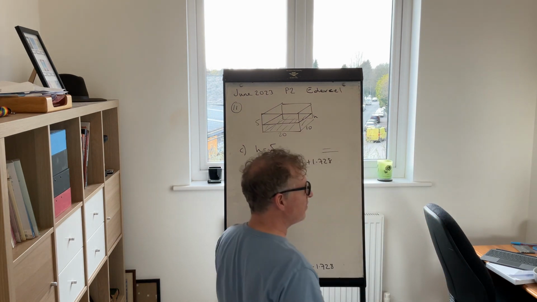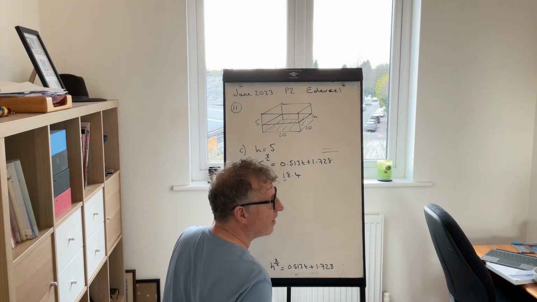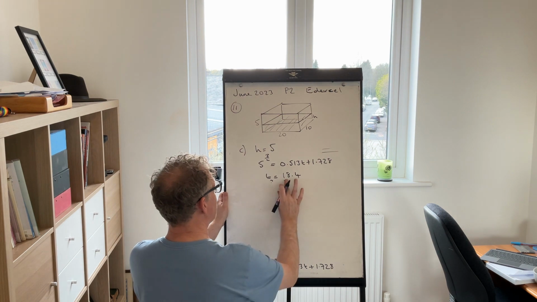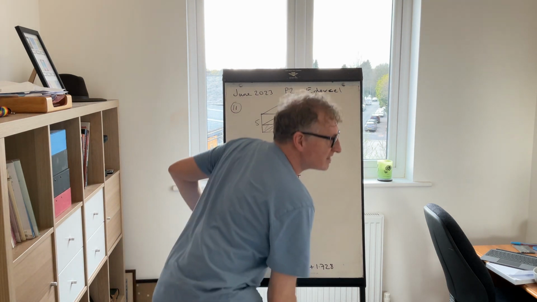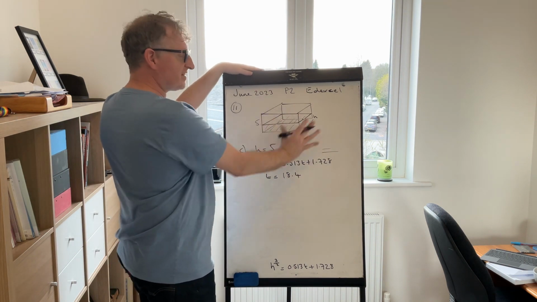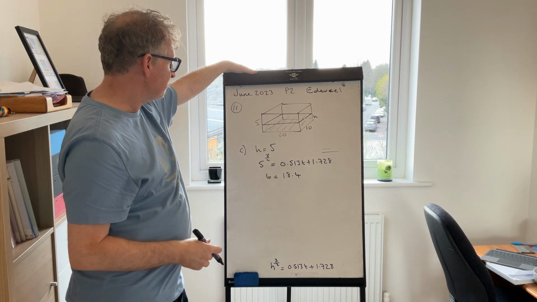Apparently 18.4. Now, for the tank to be completely full. That's it. Done. Okay, so nice little differential equation there, but the whole setup as well, which is quite a typical kind of question you're going to see. There we go.